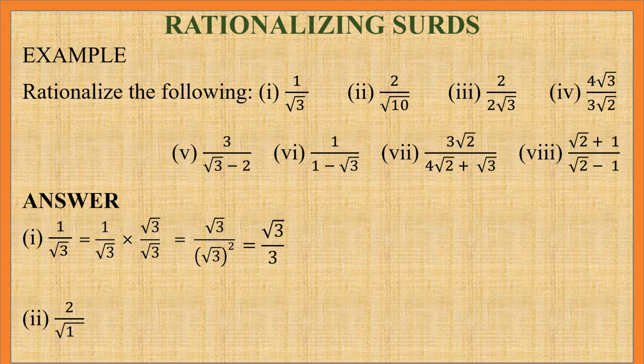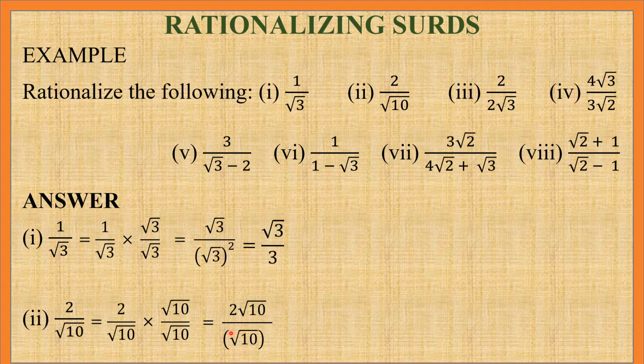Now let's look at 2 over root of 10. Again, multiply 2 by root of 10 and root of 10 by root of 10, and that gives us 2 root of 10 over root of 10 squared. Square goes with square root, leaving 2 root of 10 over 10.